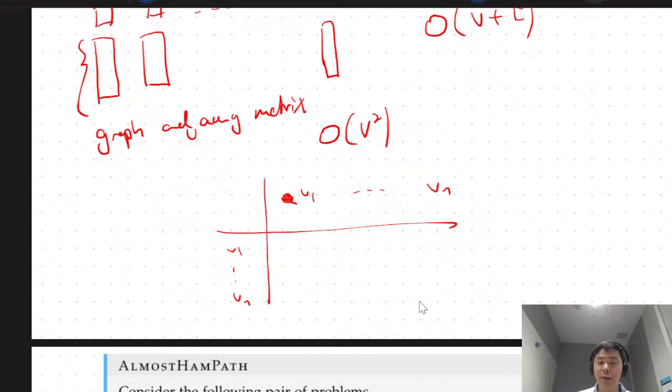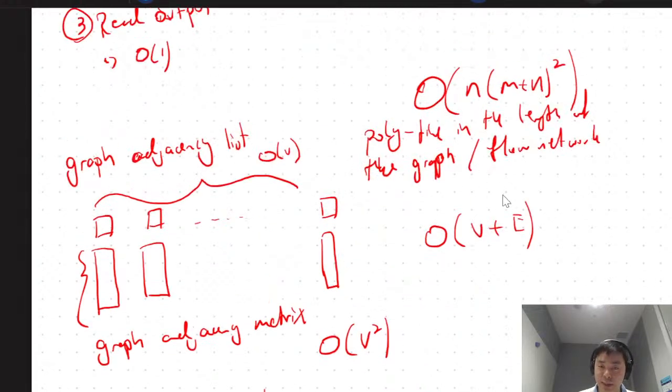So in general, the length of my graph is always V plus E, which is N plus M. So you want your algorithm to be polynomial in terms of N plus M. And here we can see that this is polynomial in terms of N plus M. Does that make sense?